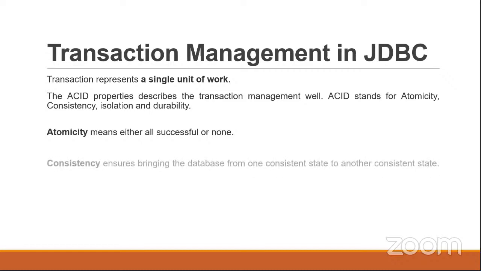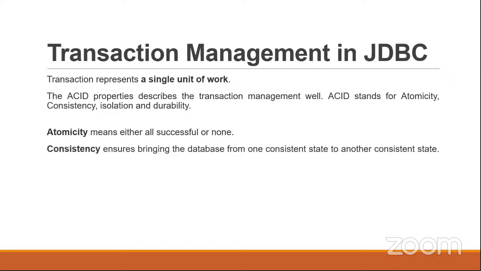Then we have consistency. Consistency in the sense of going from one state to another state. Basically two states will be there with the database. One is the initial state, like creating an object. Then that object can go to the commit state or it can go to the cancel state. That cancel state itself we call a rollback. Yes, and we have isolation.